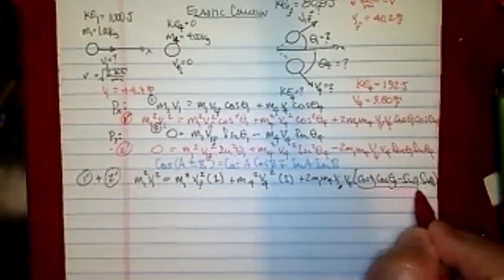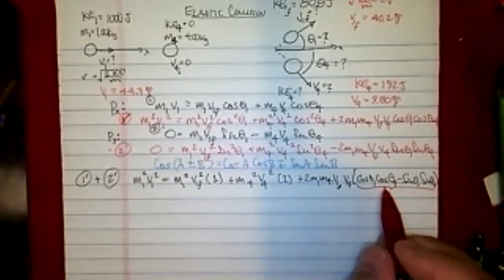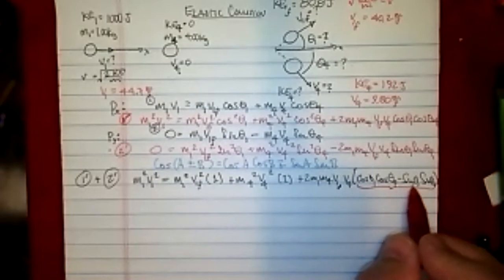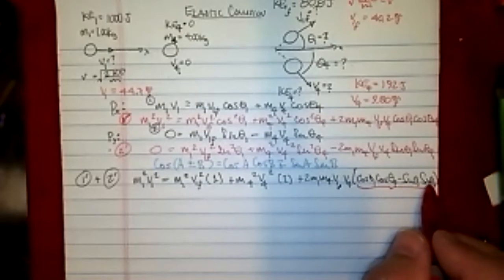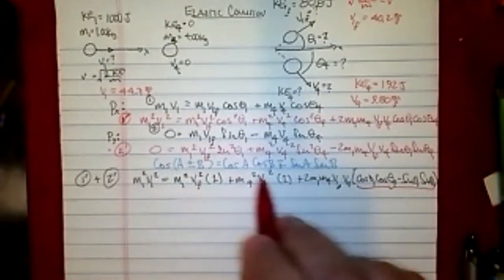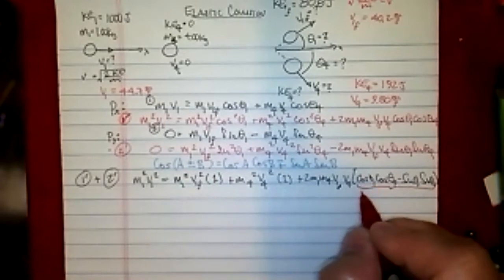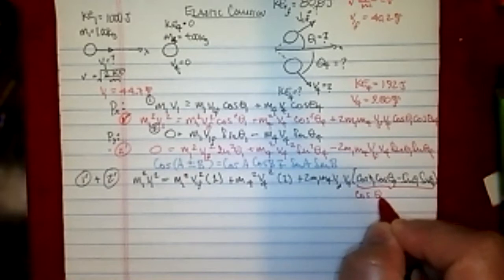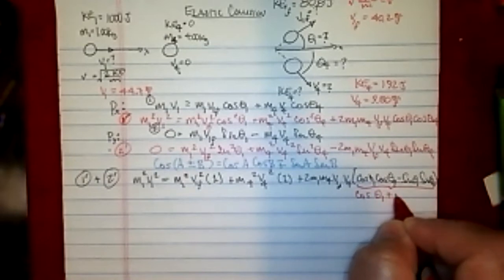That stuff that you couldn't read that well, but I did read out to you. That is cosine theta 1, cosine theta 4, minus sine theta 1, sine theta 4. Since it's minus, I got to use the bottom sign, which is plus. So I'm going to say this is cosine theta 1 plus theta 4.